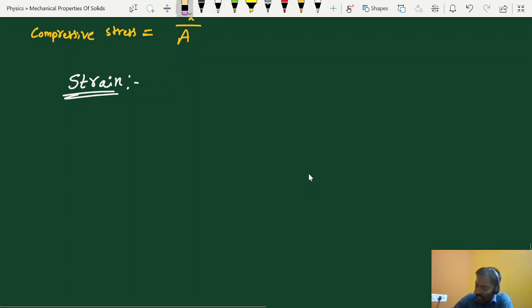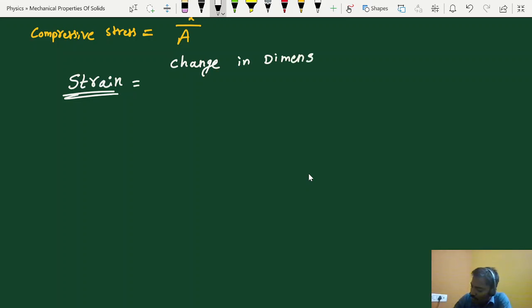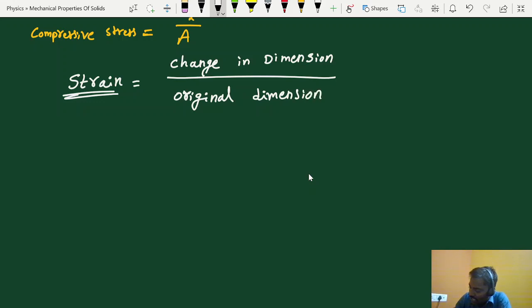So simply we can define strain as change in dimension by original dimension. Change in dimension by original dimension. And strain has no units and dimensions.